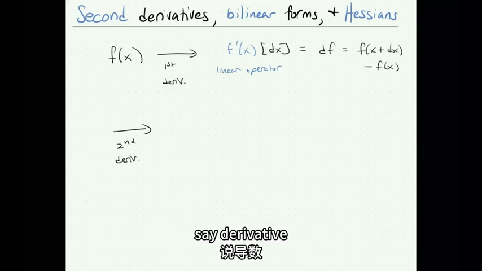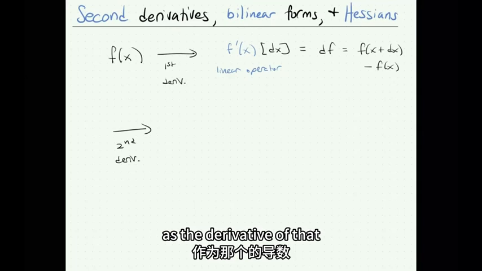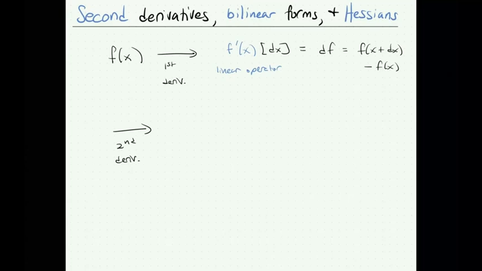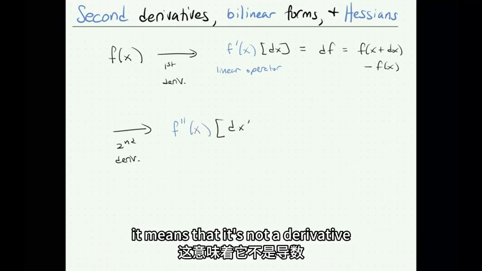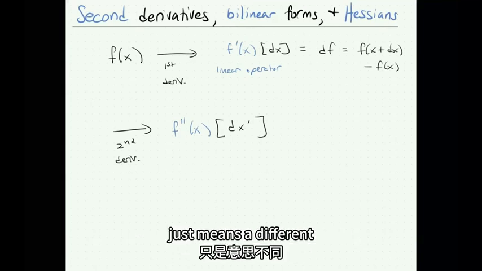Let me say it as the derivative of that. So what should f double prime of x be? It should take in, let me call it a dx prime. That doesn't mean a derivative, it just means a different small change.